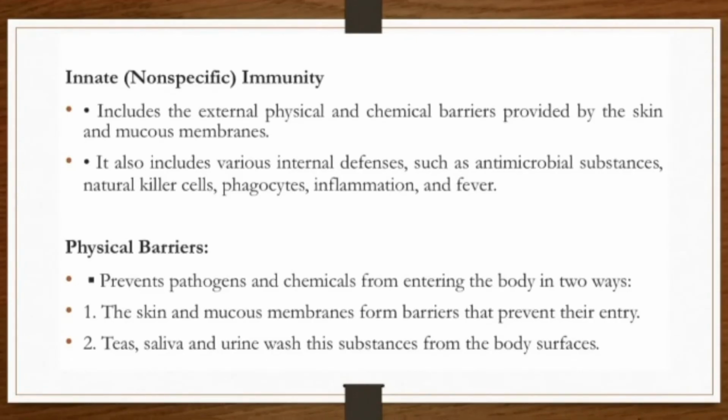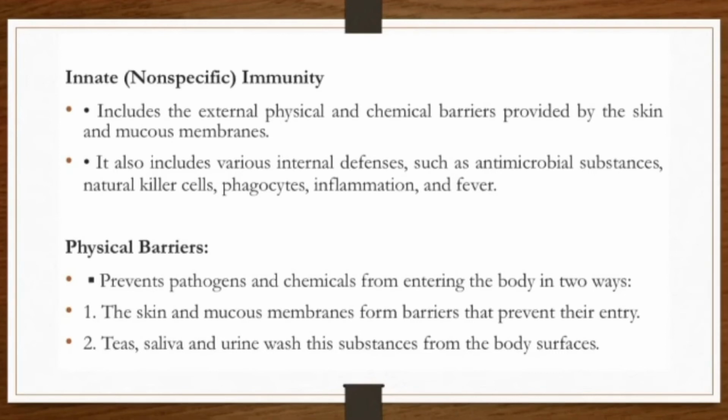Next are the types of immunity. First is innate non-specific immunity. Second is adaptive immunity. Lastly, acquired immunity. Innate non-specific immunity includes the external physical and chemical barriers provided by the skin and mucous membranes.